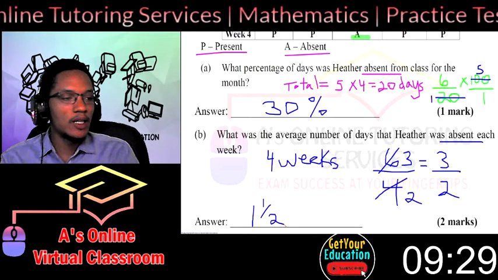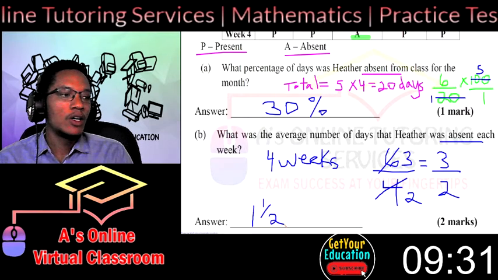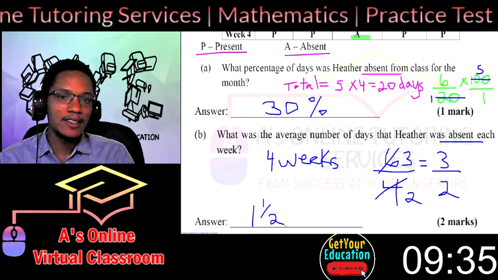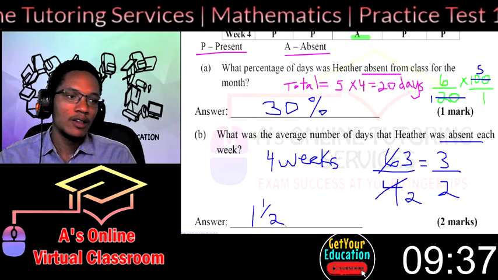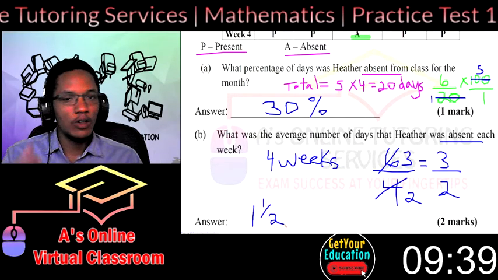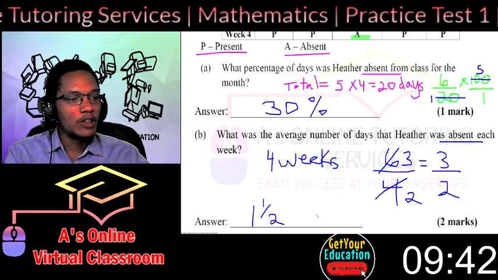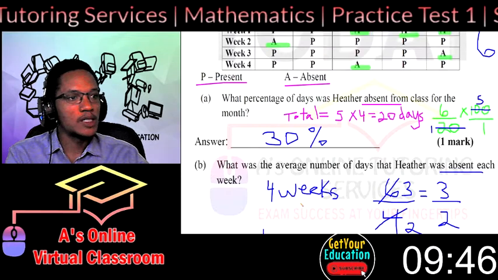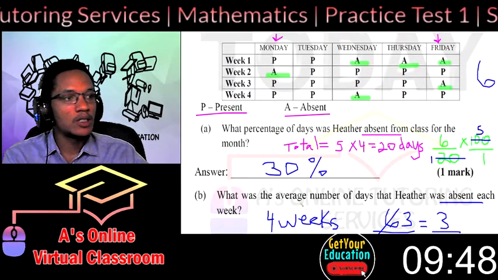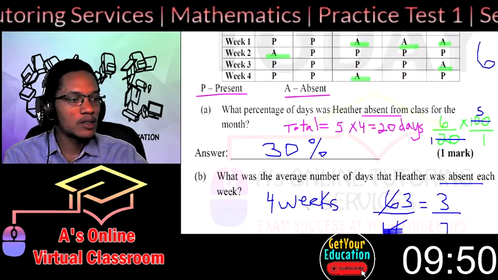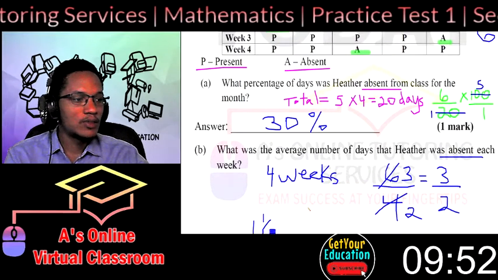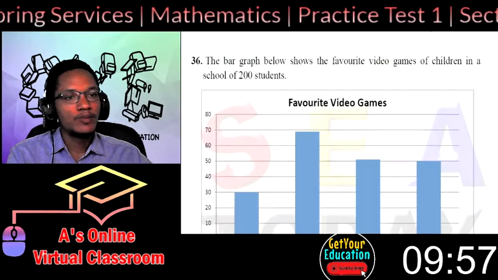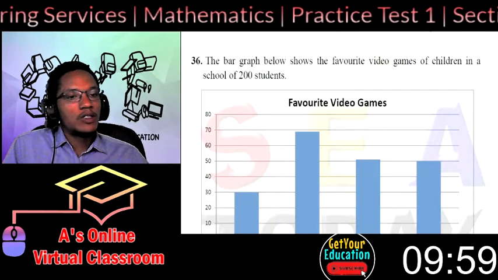So what they're saying here is, on average, Heather was absent for 1.5 days each week, which will make up the 6 days throughout the whole month, when they multiply it by 4 to get the 4 weeks. Alright, so that was for 2 marks. Alright, find any average there. Next question. This will be the last question for today.